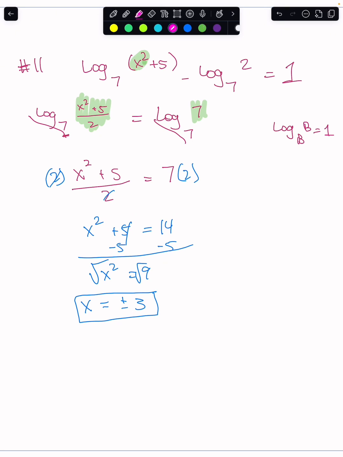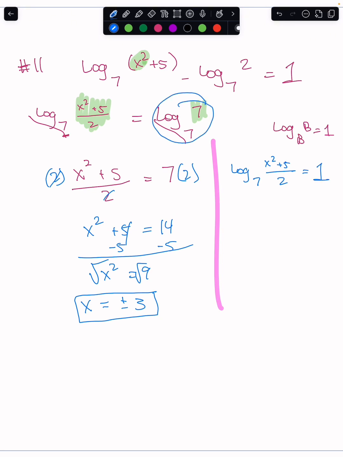Okay, another option could be to do the swoosh, because this would have ended up with log 7 to the x squared plus 5 over 2 equals 1. And this is if I would have left this right here equal to 1. We would have swooshed this. So we would have had 7 to the 1, which is just 7, equals x squared plus 5 over 2.